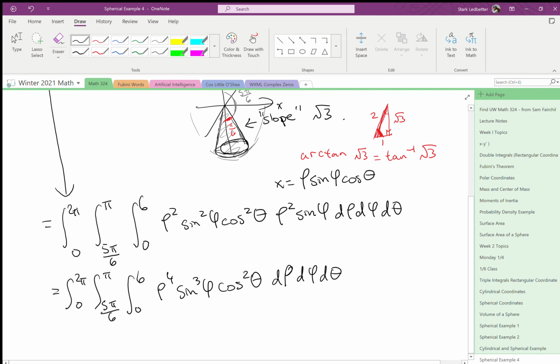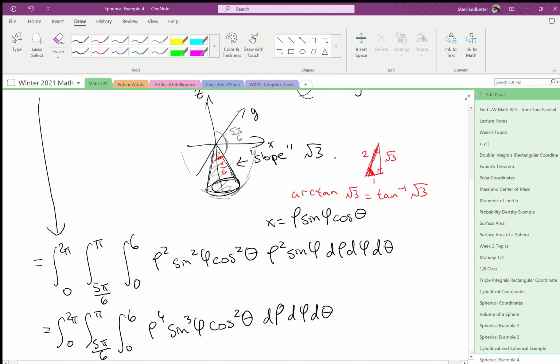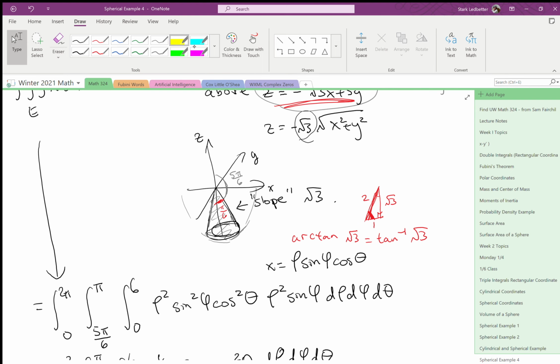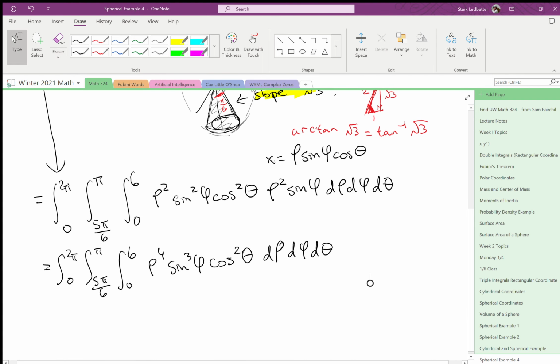Okay, and then you just got to integrate 3 times. Nothing much more clever. The thing I wanted to show you here was the cone with slope root 3 and how to find that angle. So I've shown you that.